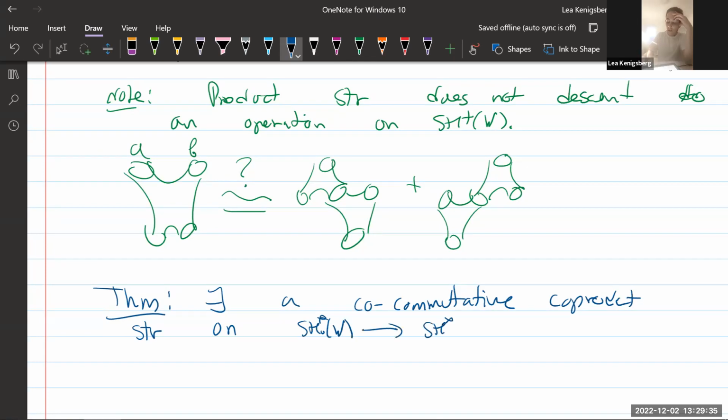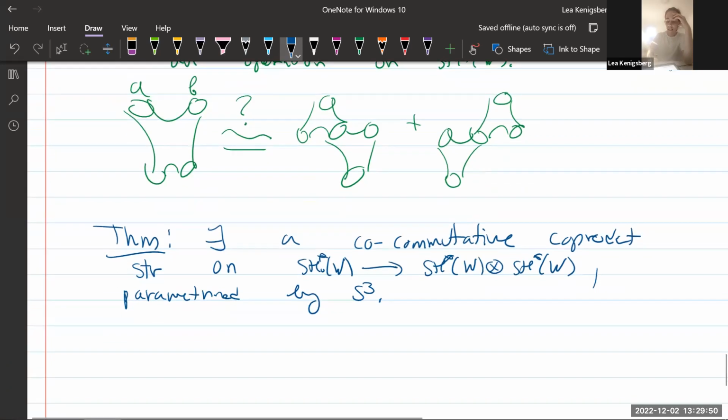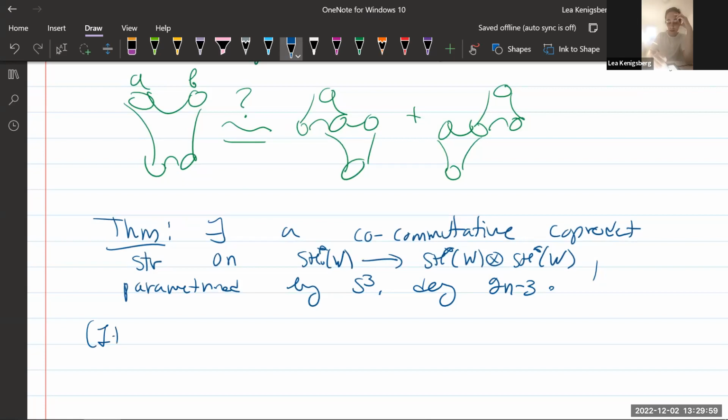It is now defined on all of symplectic cohomology. It is parameterized by S^3, it has degree 2n minus 3, and it is not co-associative.